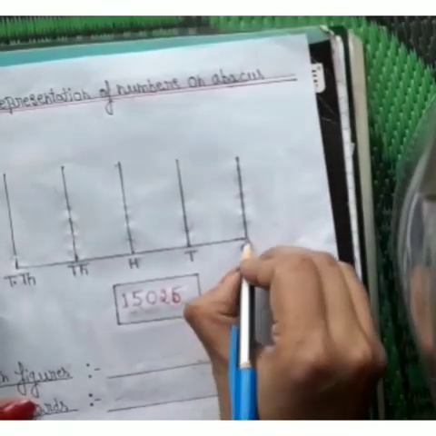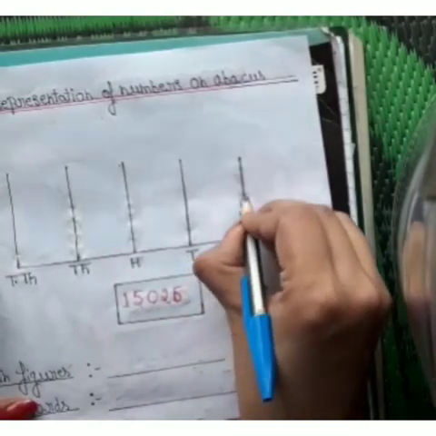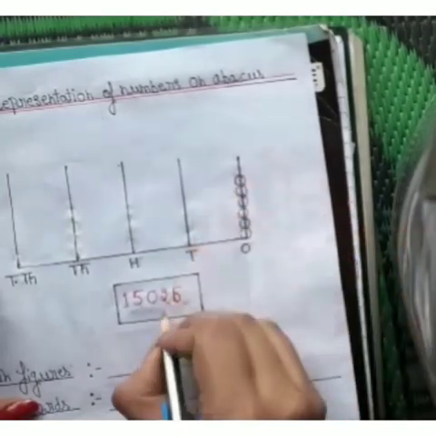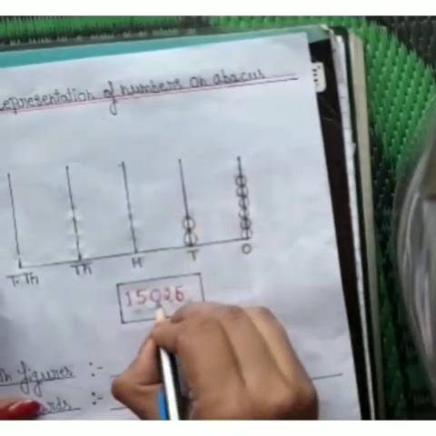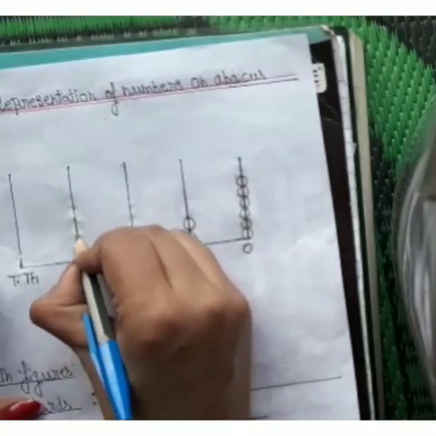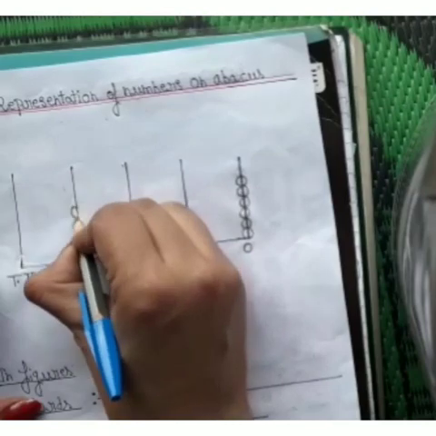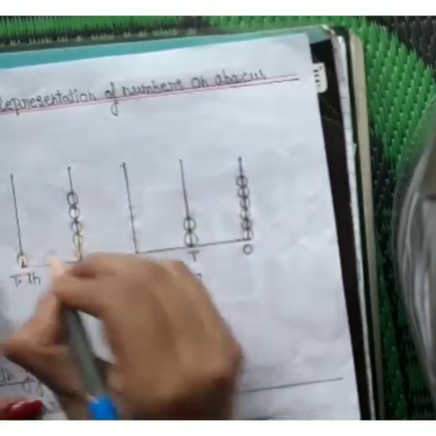6 beads in ones spike, 1, 2, 3, 4, 5 and 6. 2 beads in tens spike, no beads in hundreds spike, 5 beads in thousands spike, 1, 2, 3, 4 and 5, and 1 bead in 10,000s spike.